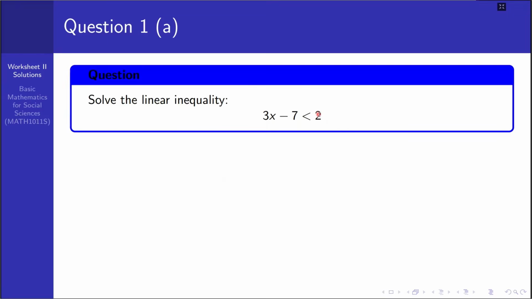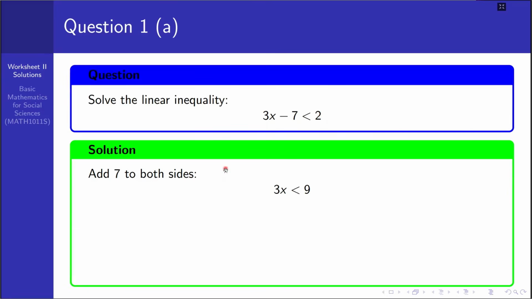Therefore, in order to solve such a linear inequality, we have to apply the usual methods, just simple simplification. So, for example, if we add 7 to both sides of this inequality by using the addition property, we have 3x less than 9.